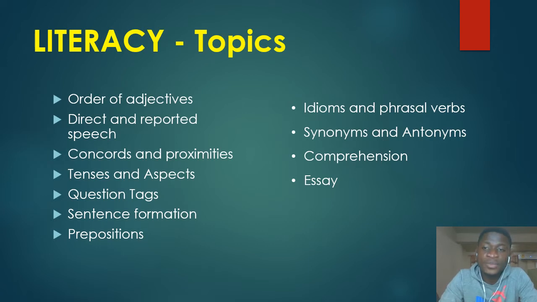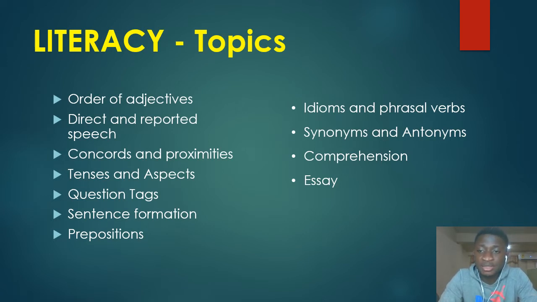But when you have three or four adjectives all qualifying a particular noun, which one should come first? After that lesson, you'll be very much educated on how to know the order, which should come first before the other. I'll do my best to help you really grasp the content and the context very well.